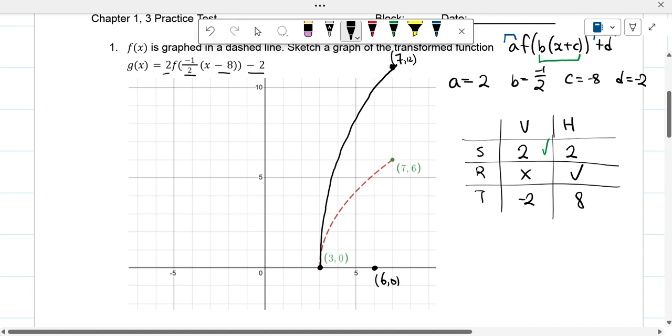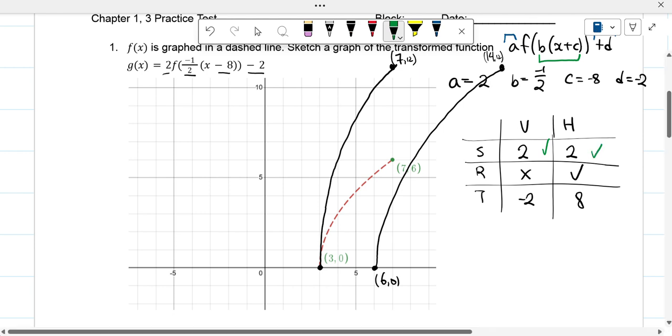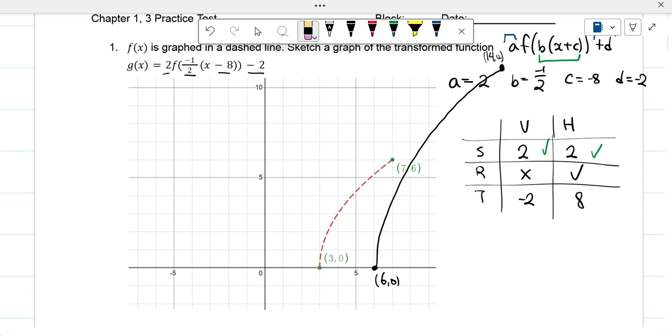And then for (7, 12), the 7 will be doubled, so I'll have about here (14, 12). If I connect those 2 points together, that means we've just done the horizontal stretch. Notice that I'm doing it one by one, going from up to down, because we need to stretch, and then reflect, and then translate.